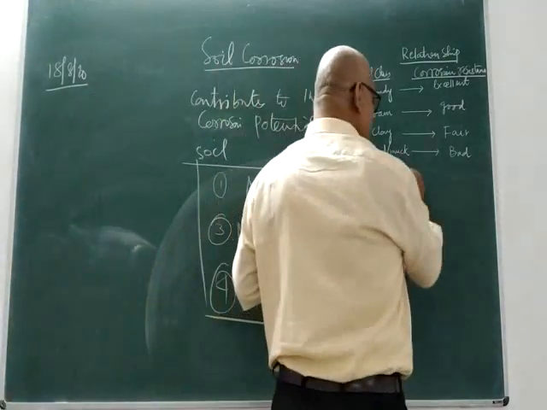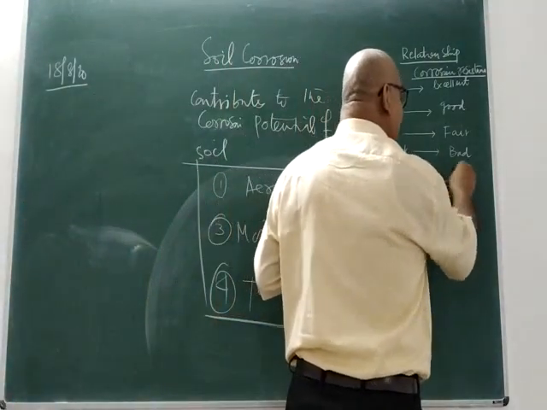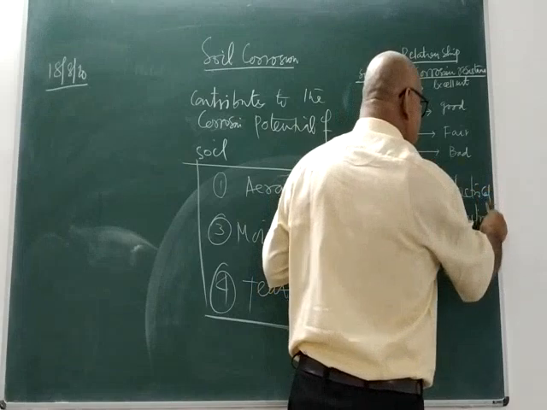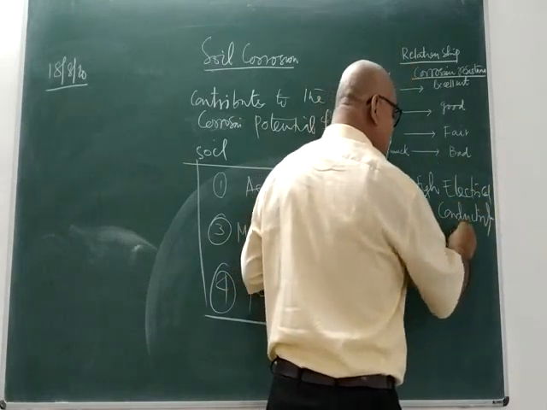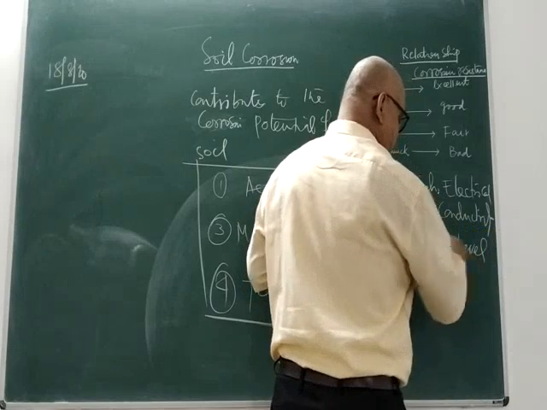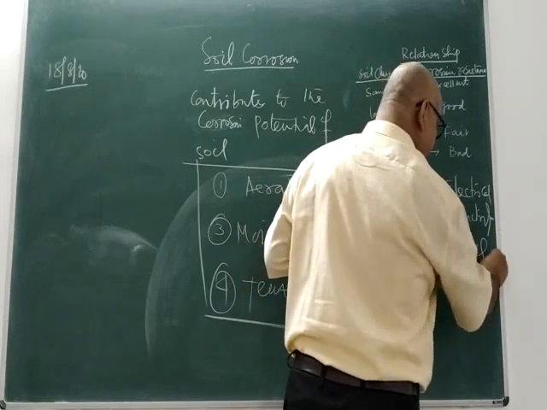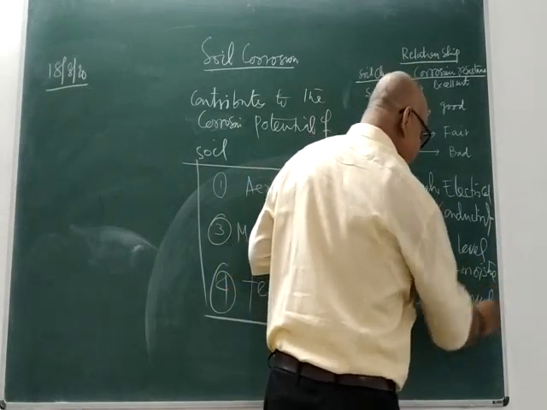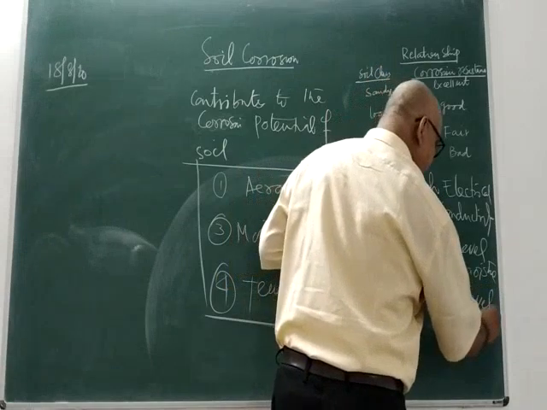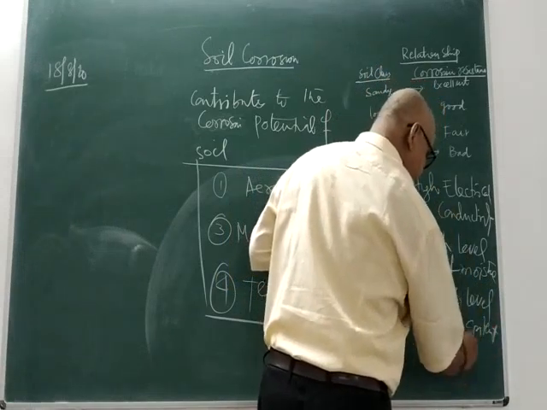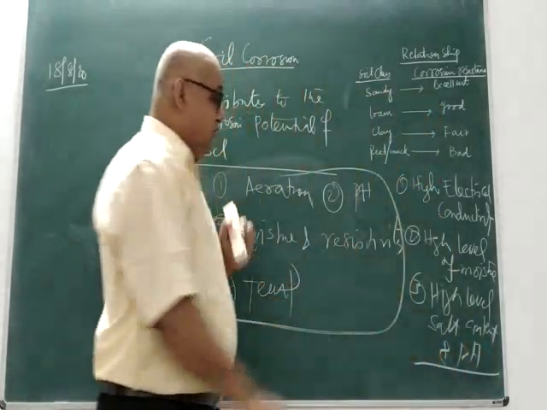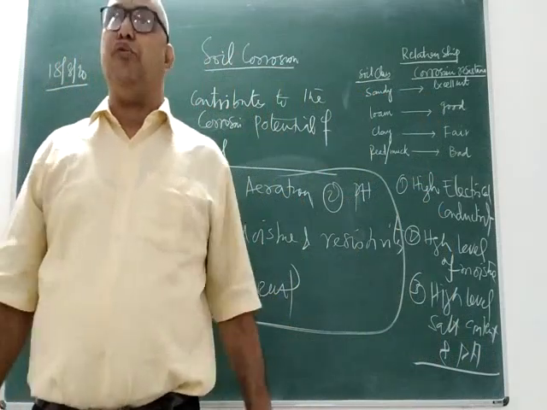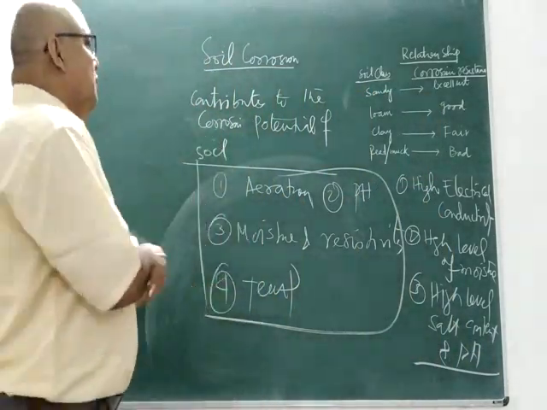They are: number one, high electrical conductivity; number two, high level of moisture content; and number three, high level of salt content and pH. These are three very important parameters which determine the rate of soil corrosion. Now let us discuss one by one.